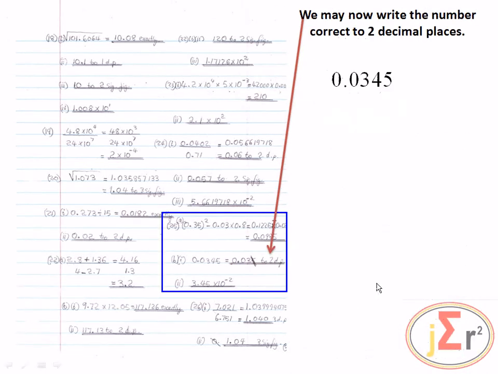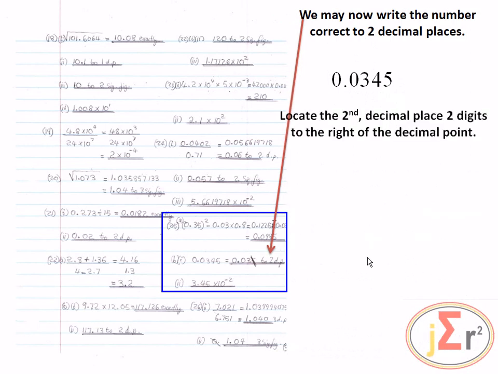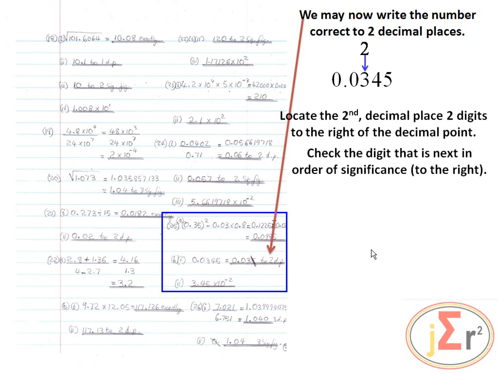We may now write the number correct to 2 decimal places. Locate the second decimal place, 2 digits to the right of the decimal point. Check the digit that is next in order of significance, which is the one located to the right.